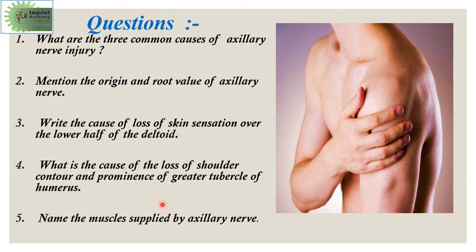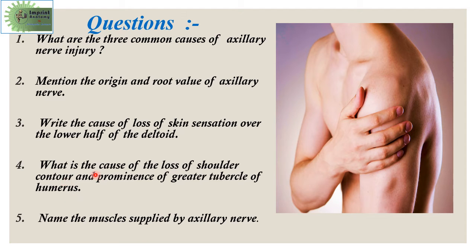In this case, a question can be asked: what are the three causes of the axillary nerve injury? Mention the origin and the root value of the axillary nerve. Third, write the cause of loss of skin sensation over the lower half of the deltoid.